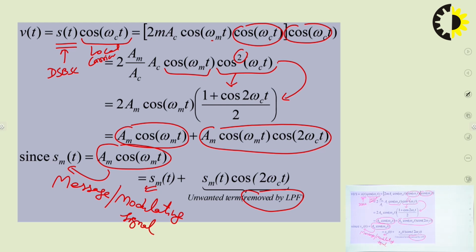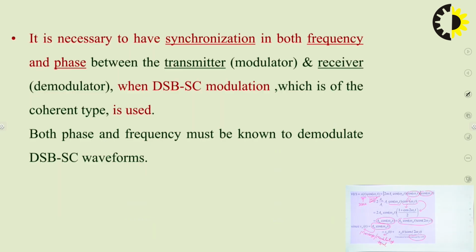Now let us see what problem is encountered at the receiver end in the absence of synchronization. This is the output in the ideal case when there is no synchronization issue. Okay, this is our local oscillator frequency and this is our double sideband. So in the absence of any synchronization problem, we get the ideal output. But what happens when there is a synchronization issue?